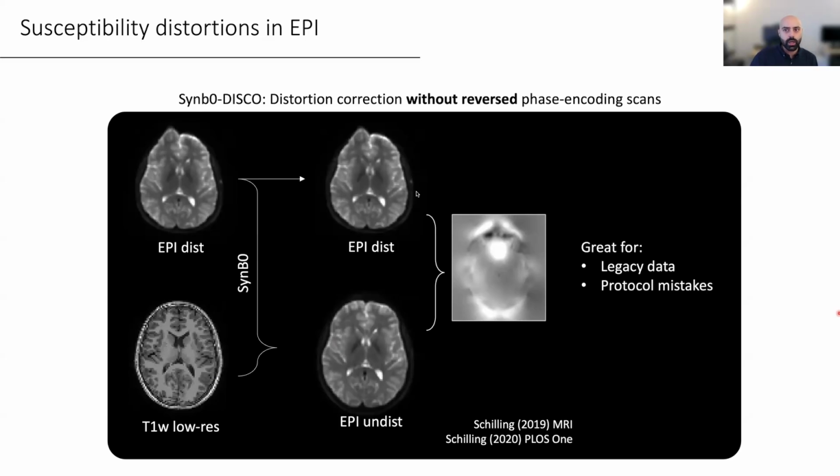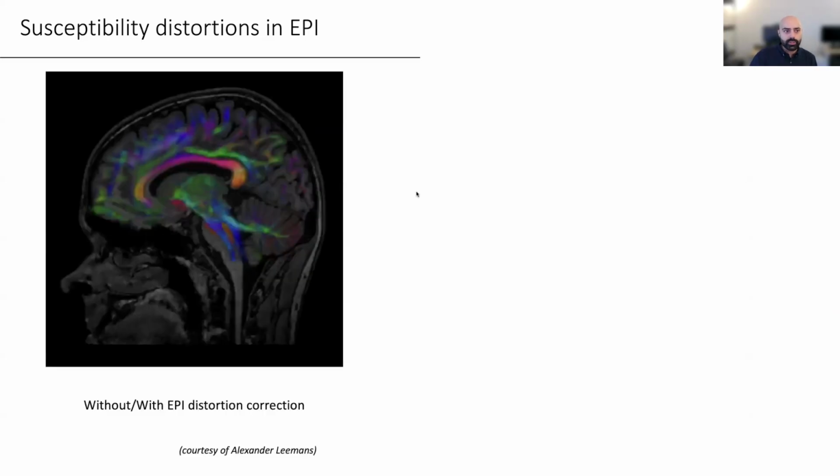And why do susceptibility distortions matter? Well, because if you don't correct for the susceptibility distortions, you now have a mismatch between the anatomy derived from diffusion and the real anatomy that you actually care about, say on a T1 weighted image. This example shows a clear mismatch in the frontal region, again, where we see these distortions more pronounced.